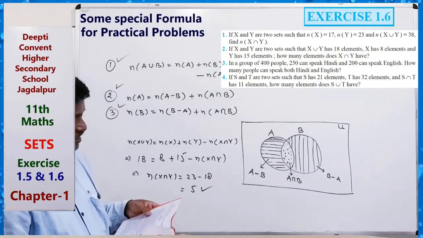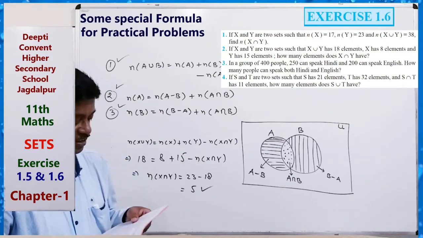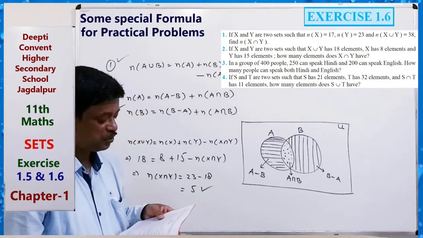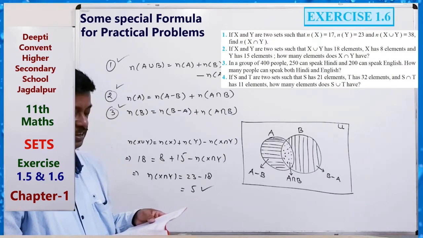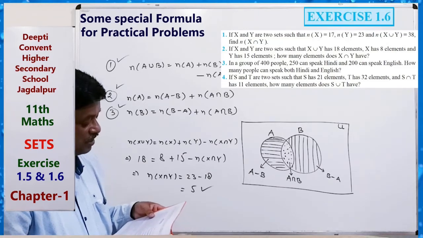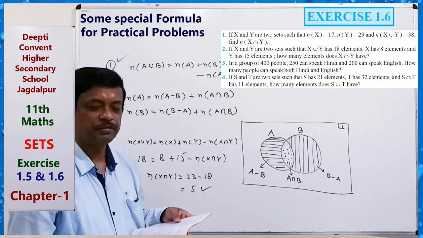Similar question, third: in a group of 400 people, 250 can speak Hindi, 200 can speak English. How many people can speak both Hindi and English? Very simple.